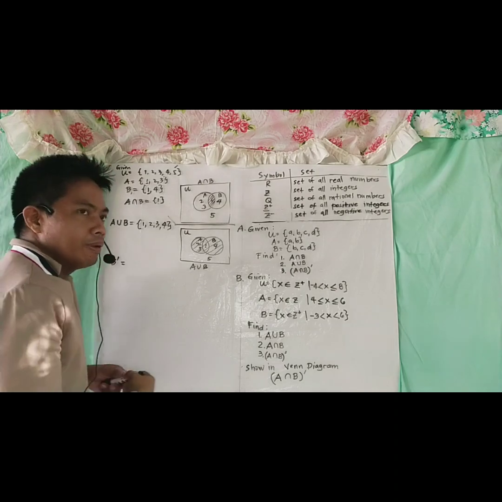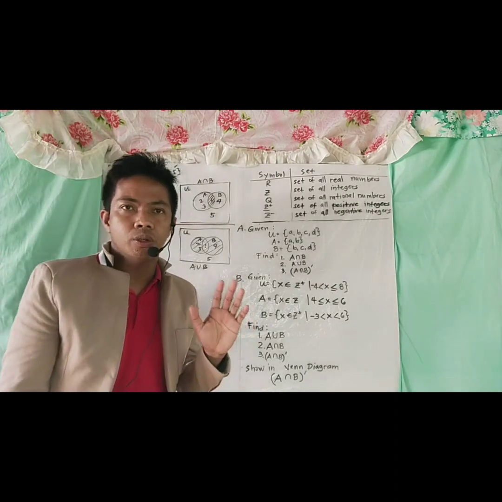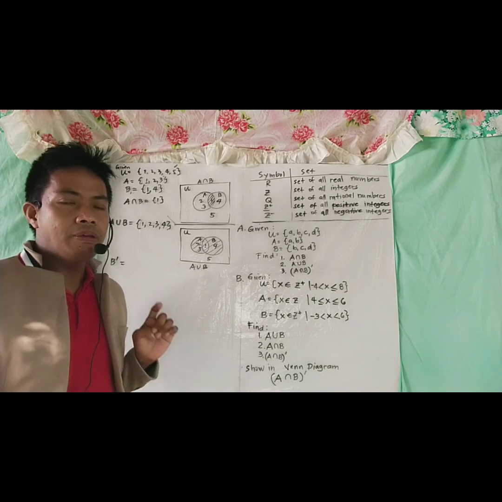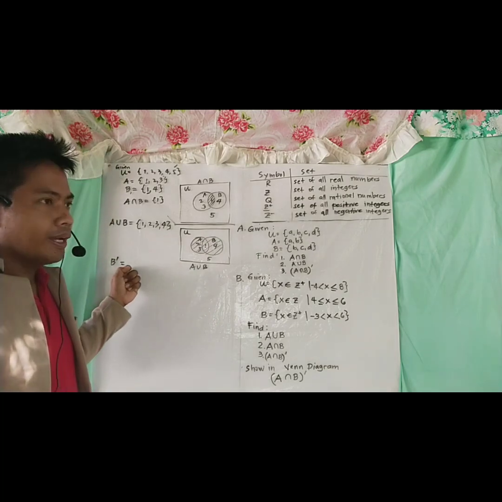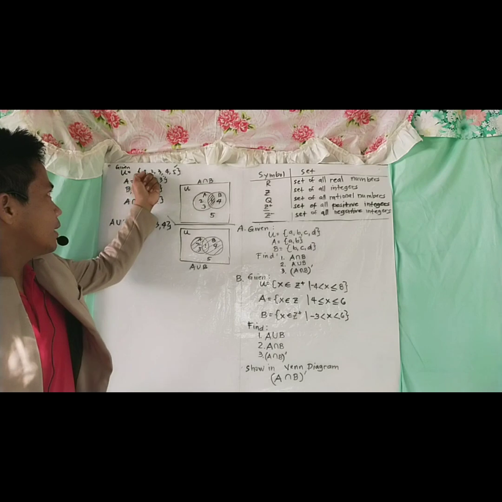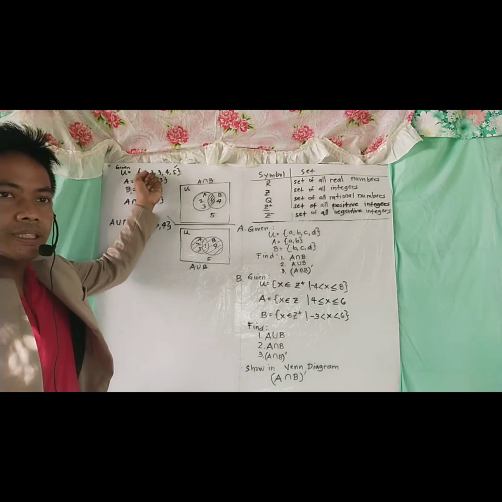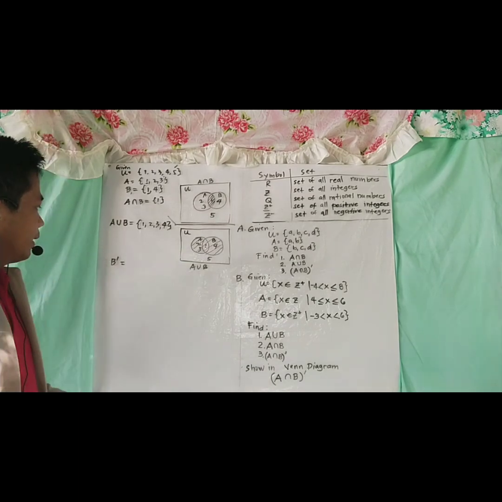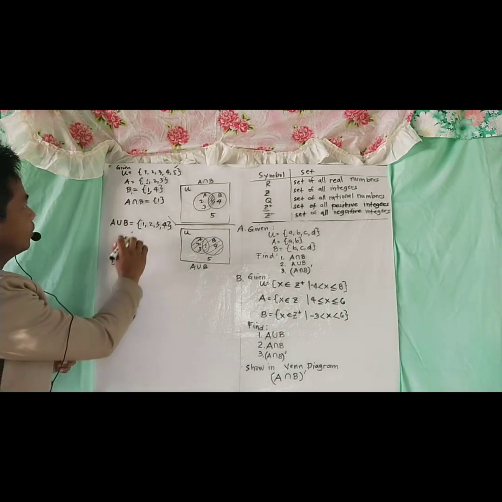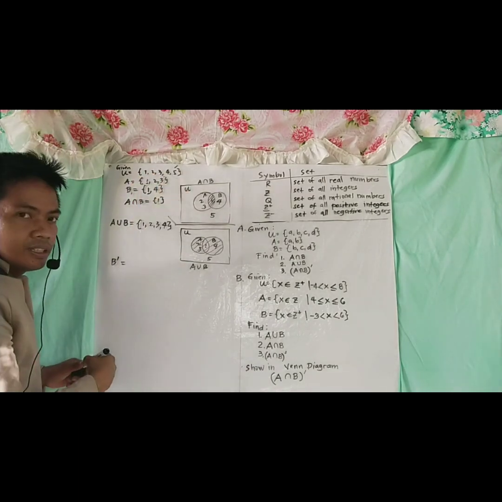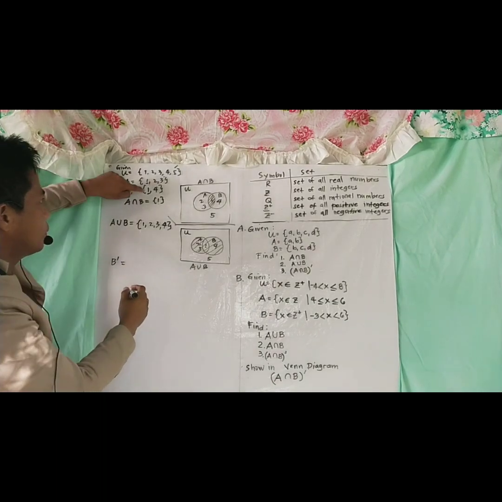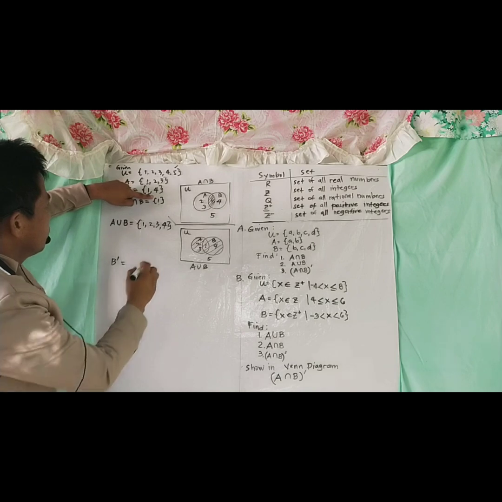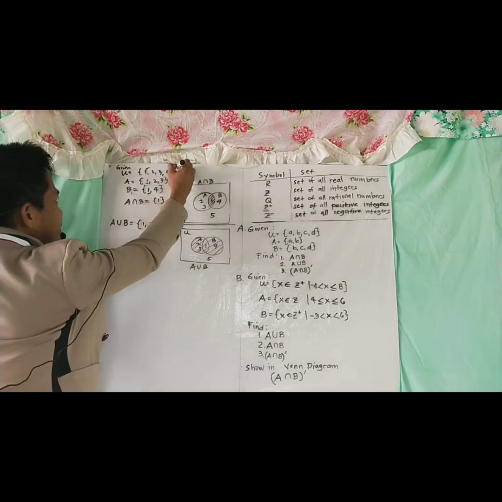When we say complement of B, the elements of set B complement are the elements in the universal set but not present in set B. So we have B is 1, 4. So 1, 4 is in B.